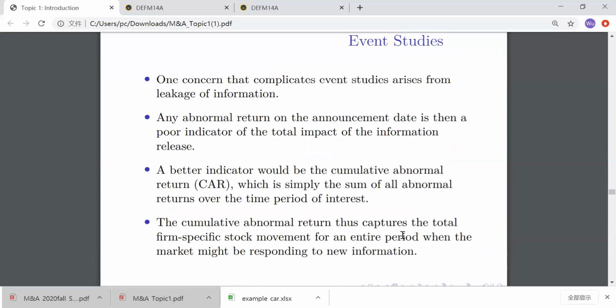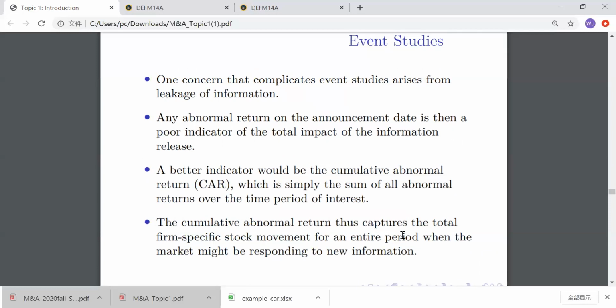And one concern that complicates this approach, right? This approach is called event study, right? It studies the impact of an event and basically attributes the market reaction to the event to the value of the event, right? Basically, one concern is that there could be leakage of information, right?